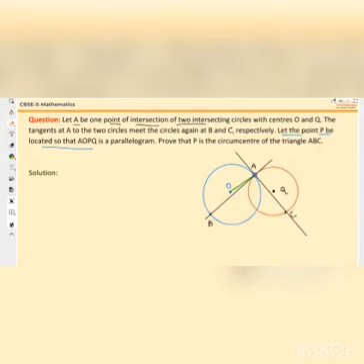They have joined this line, and now they want a point P such that this forms a parallelogram, right? So I will join it in this way, and this is point P, and now this is a parallelogram. Now they're saying prove that this P is the circumcenter of triangle ABC.